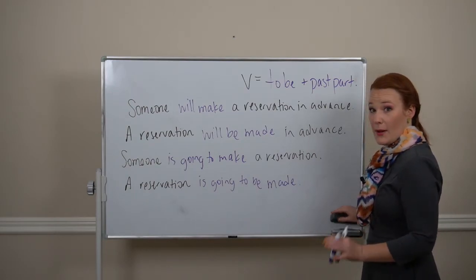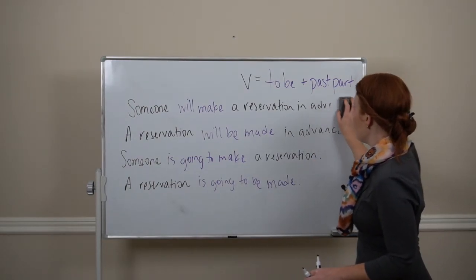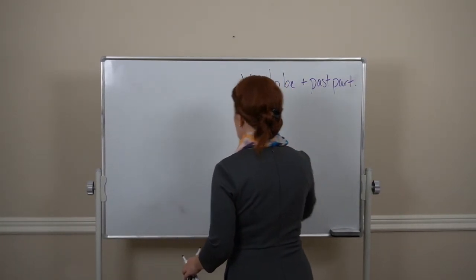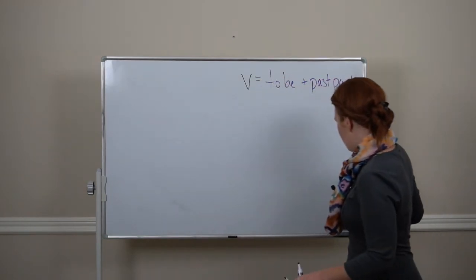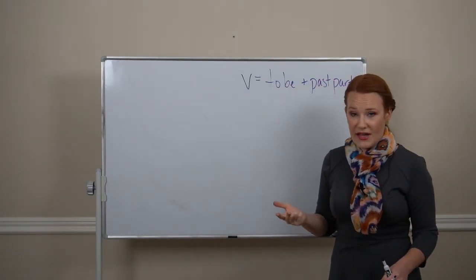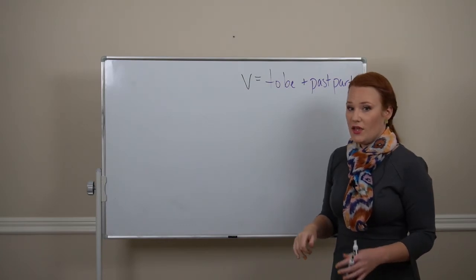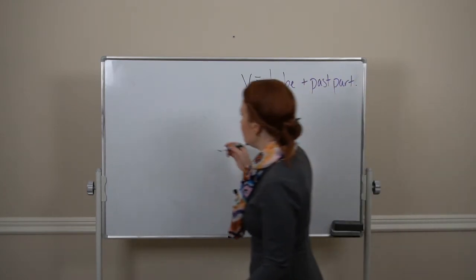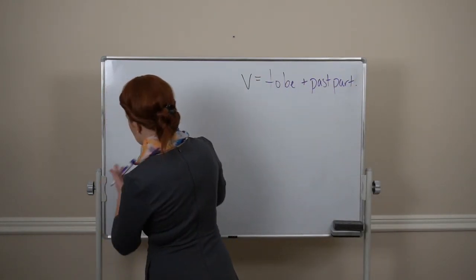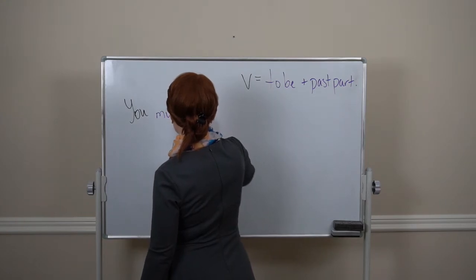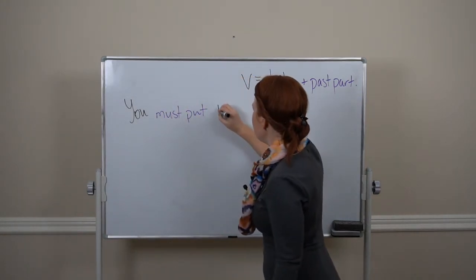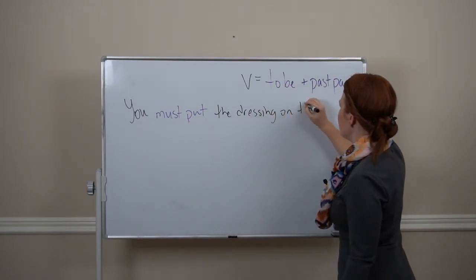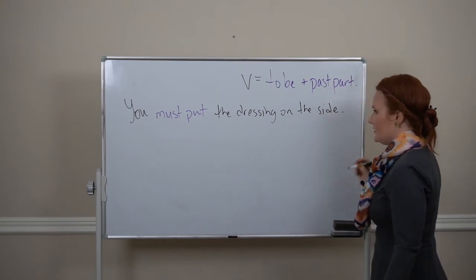I do want to talk about modals though, quickly. So you guys remember our modal verbs: can, should, must. Oh yeah, there's a whole list of them. So when we have a sentence with a modal verb, like you must put the dressing on the side.